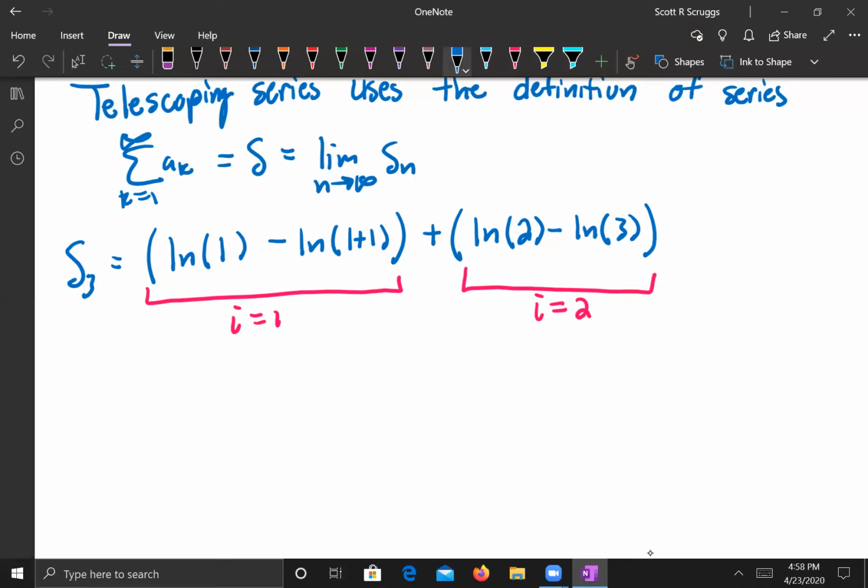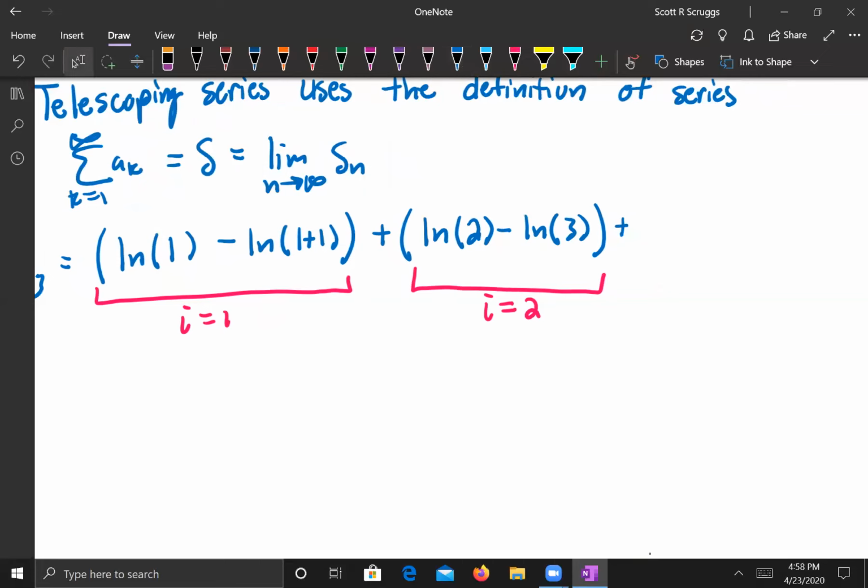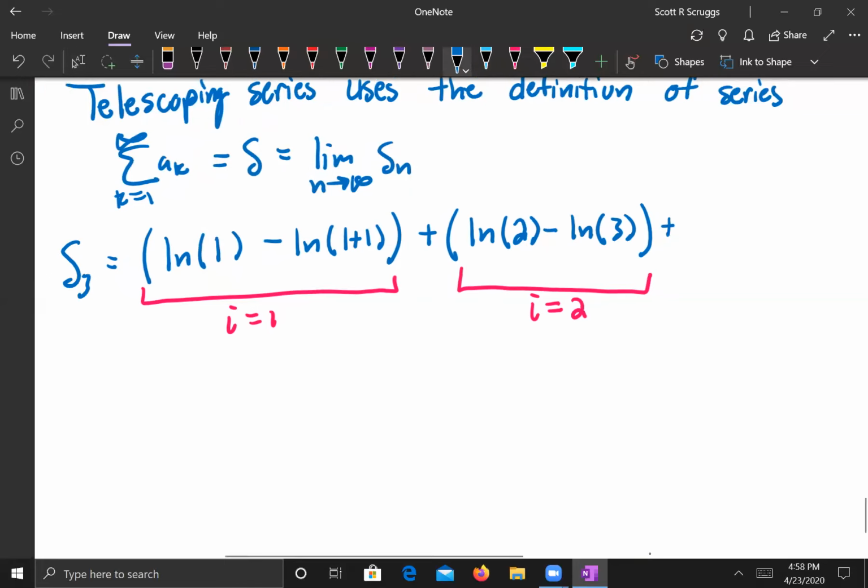So let's continue and do the third partial sum, continuing until i equals 3. When i equals 3, I get natural log of 3 minus natural log of 4.